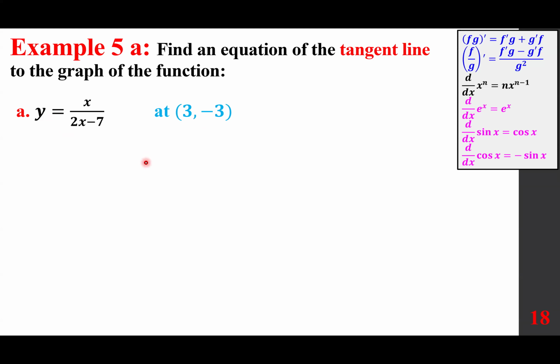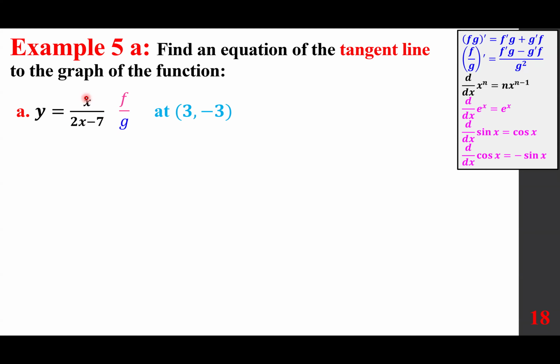Please understand, just the derivative is not the answer. So first notice this is a fractional format, more specifically rational format. We write it as f over g, and we use the quotient rule on that. F prime g minus g prime f over g squared.